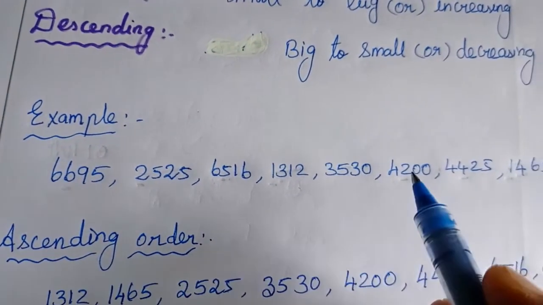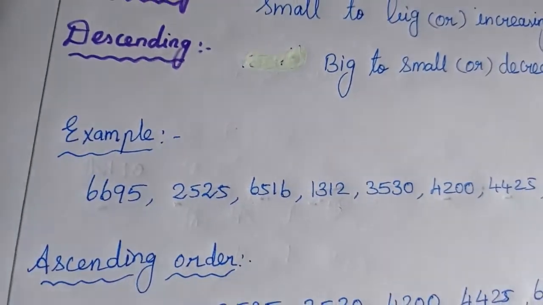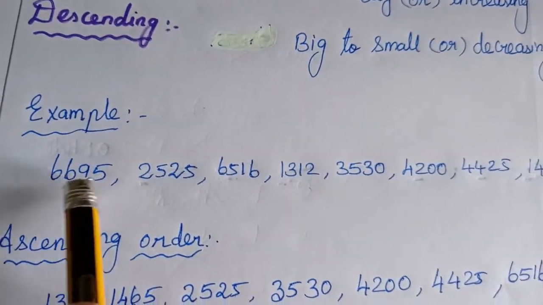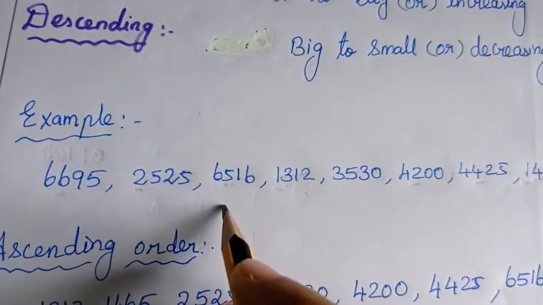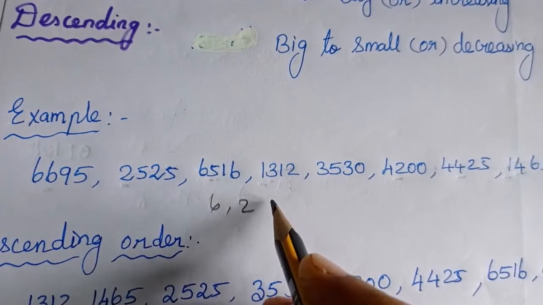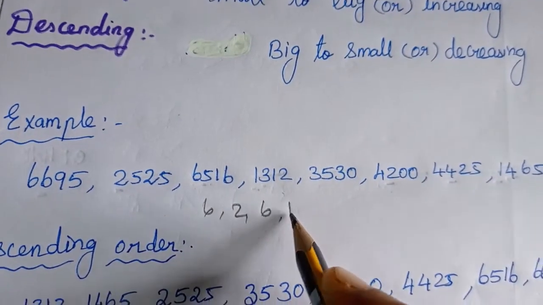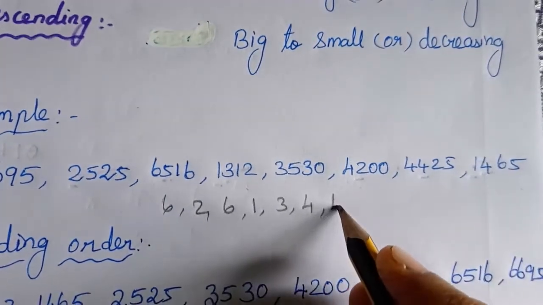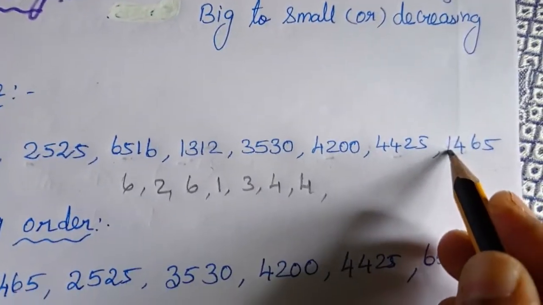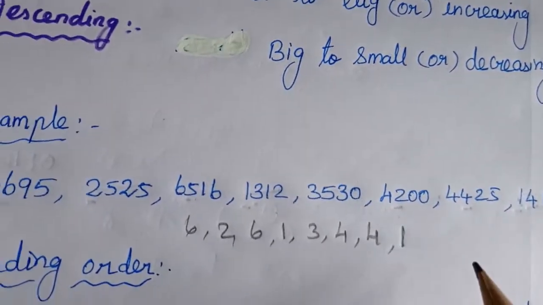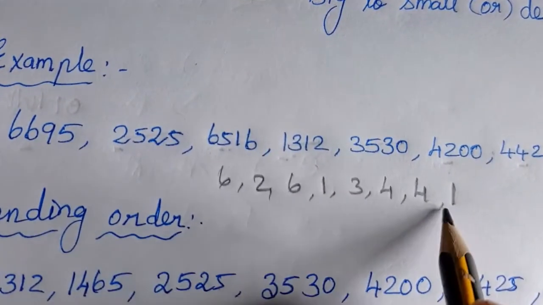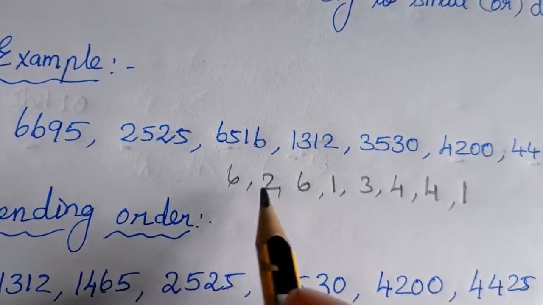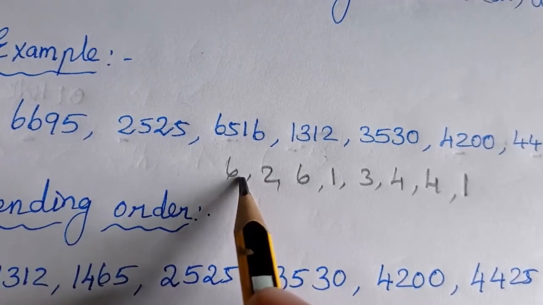The first number's 1000 value is 6, and the second one is 2, third one also 6, fourth one 1, fifth one 3, sixth one 4, seventh one also 4, and eighth one is 1.